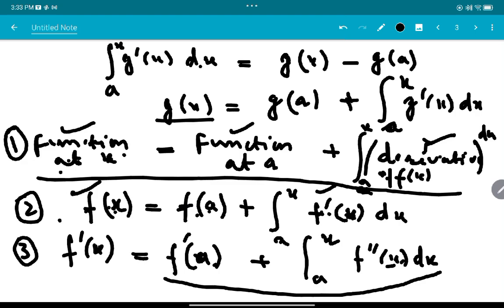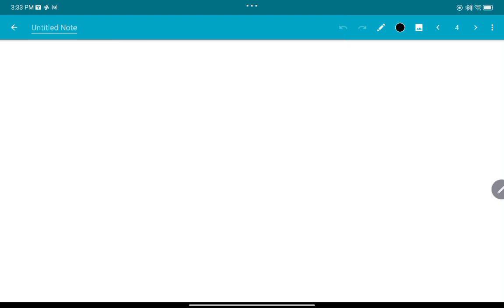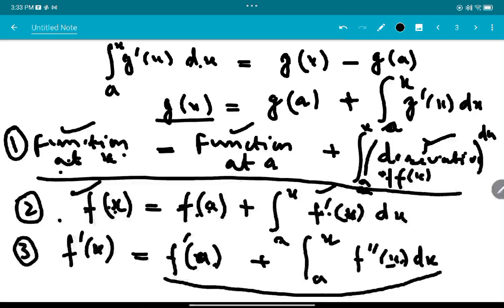So I will first write these two terms: fx is equal to fa. Now the next term, the integral from a to x. Now let's go back. You are going to substitute the value of f dash x, this value of f dash x.